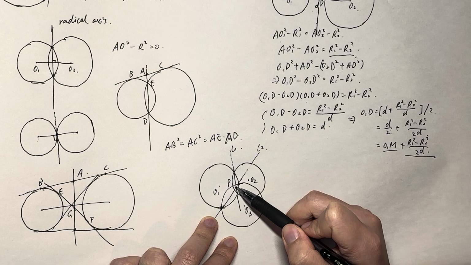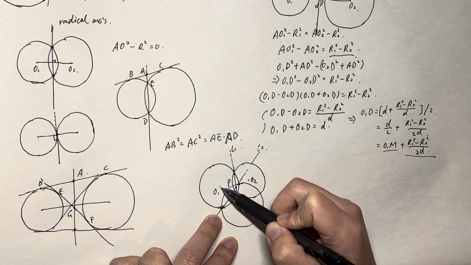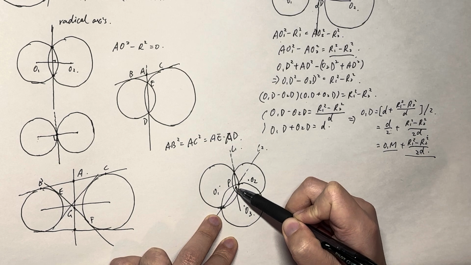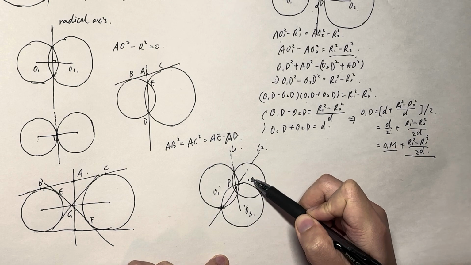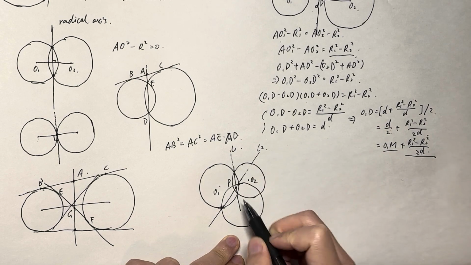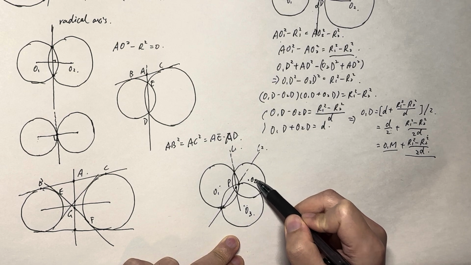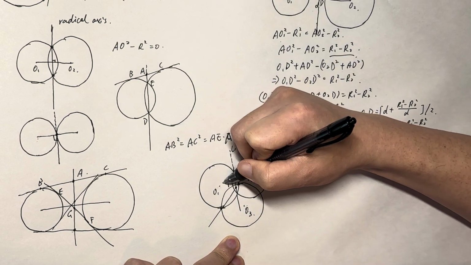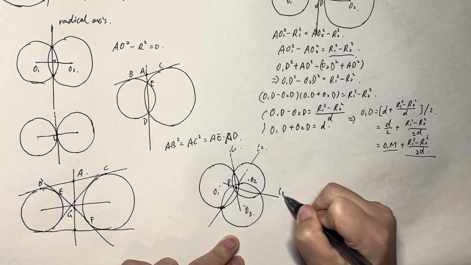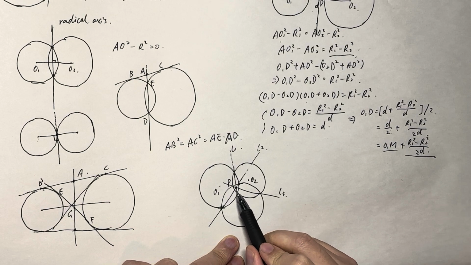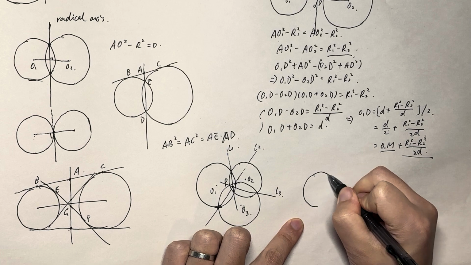And because it lies on L2, it has the same power with respect to O1 and O3, which means that P has the same power with respect to O3 and O2, right? That means P must be on the radical axis of O2 and O3. So the 3 lines are concurrent.